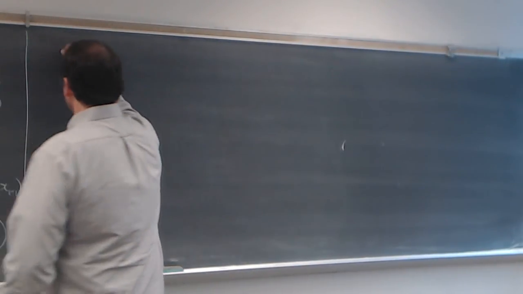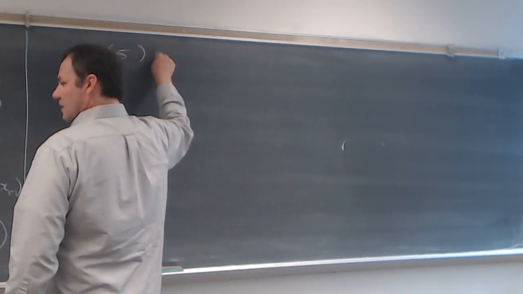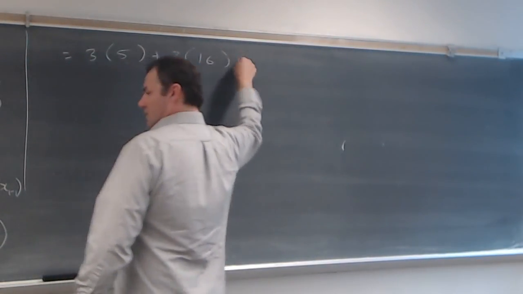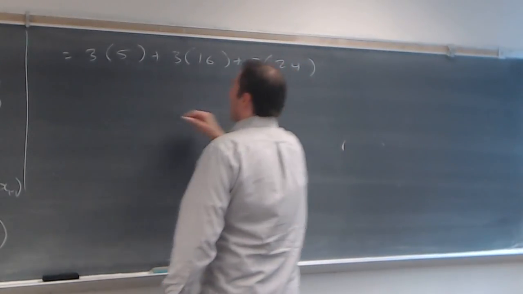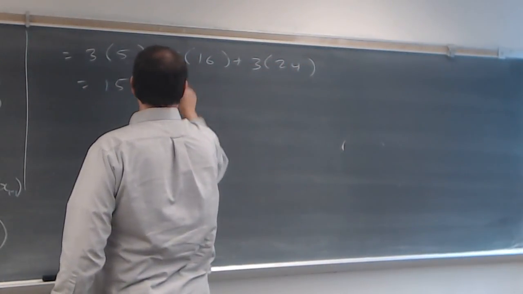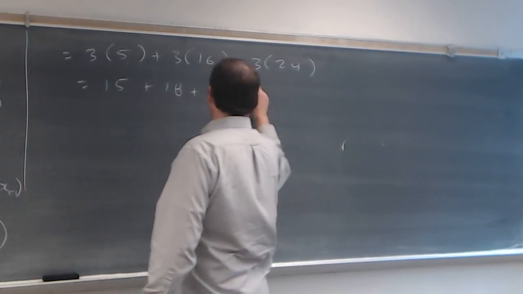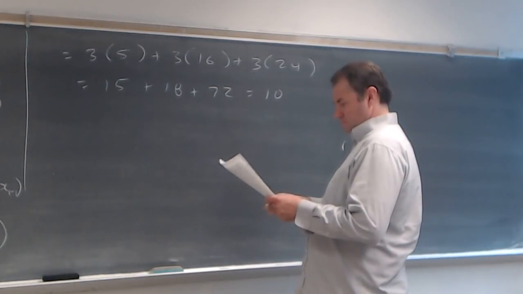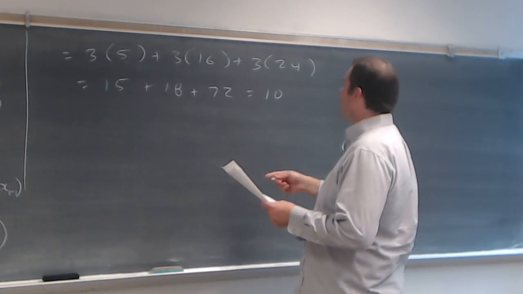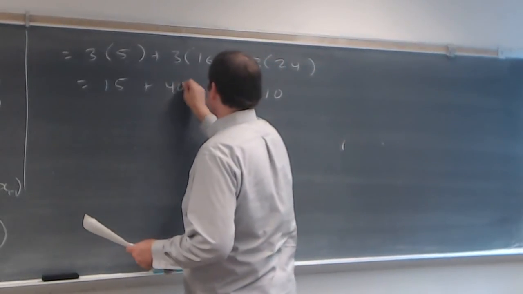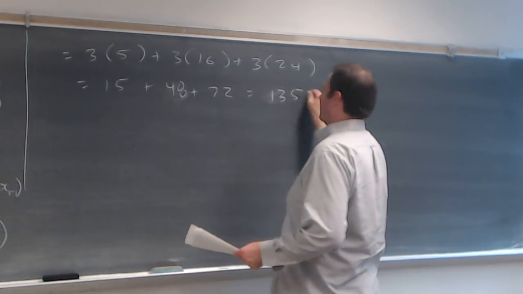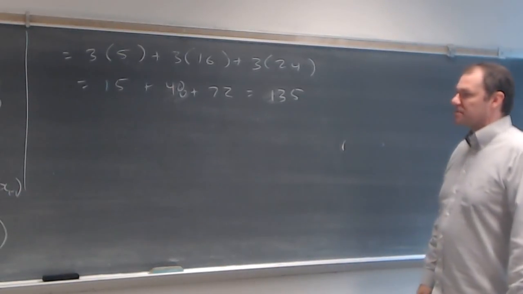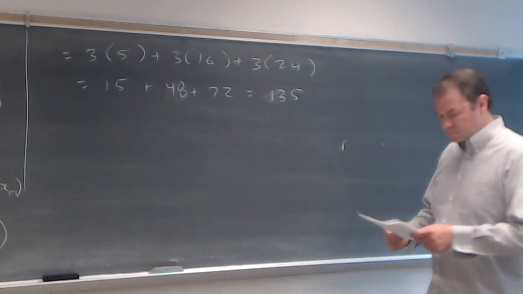And then what that's equal to is going to be 3 times 5, plus 3 times 16, plus 3 times 24, and that ends up being 15, plus 18, plus 72. There's 90. I think it's 105. No, it was 135, so I made a mistake. Oh, here, this is 48. So that's 135. That was my mistake. Okay, so that's what we get for this calculation.